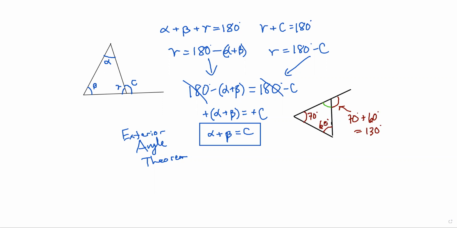Because 70 plus 60 is 130, and 180 minus 130 has got to be 50. But then if that's 50, then this has to be 180 minus 50, which is, again, just 70 plus 60, or 130. So hopefully you can see how intuitive this is. And if it didn't feel intuitive before, hopefully having seen the proof here, it feels pretty intuitive now.